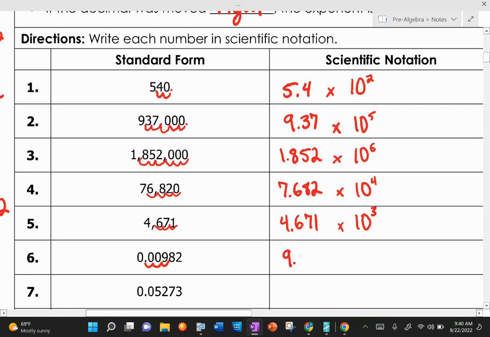So now I've got 9.82 times 10. I moved 3 times, but I moved 3 times in which direction? To the right. So it's got to be -3. 9.82 times 10 to the -3rd power.